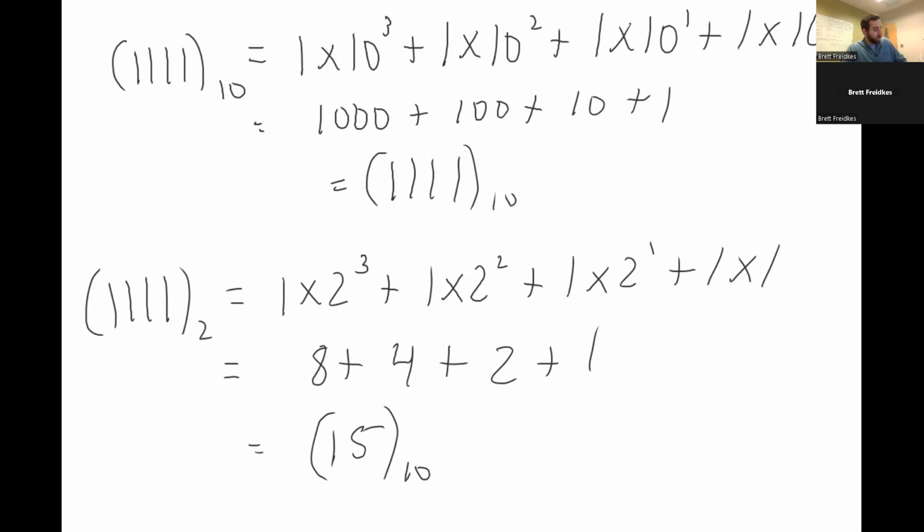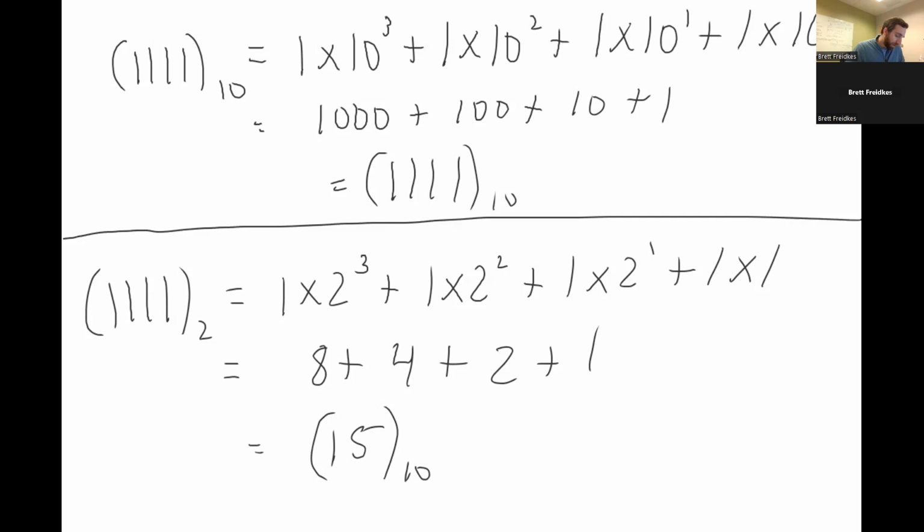But when it comes to binary and base 10, you have to remember that we are expressing things in a different way. These numbers here are not related at all. There's no relationship between them in binary and base 10. I just did this as an example to show the math. We see 1 times 10 cubed versus 1 times 2 cubed. We end up with very different numbers.